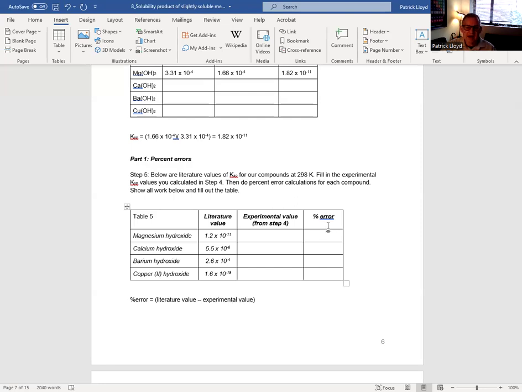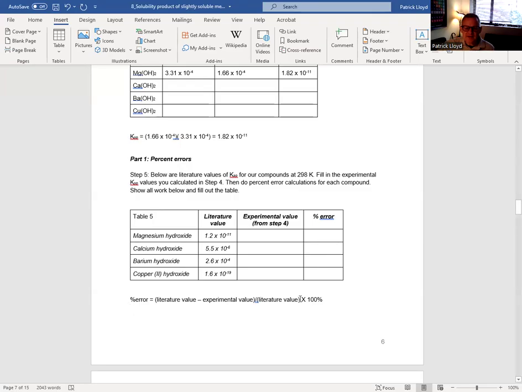And then you divide that by, again, the literature value. And then to convert it to a percentage, you take the whole thing and you multiply it by 100%. Okay? So literature value minus experimental.